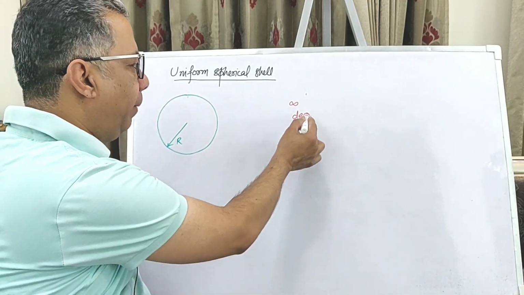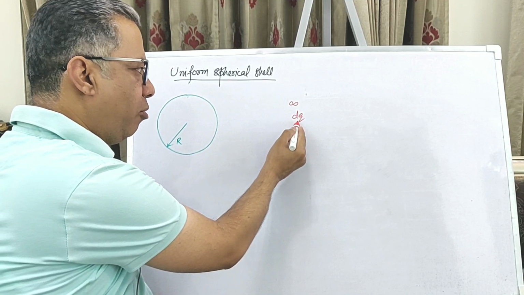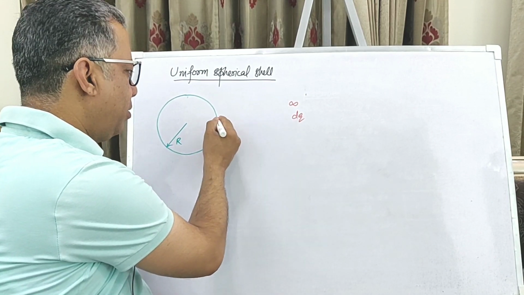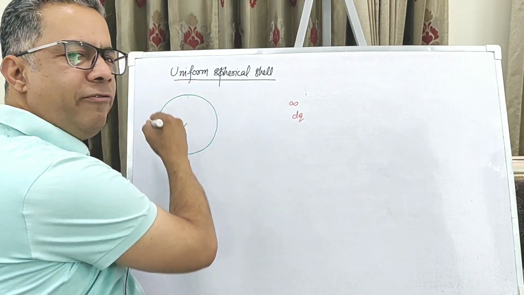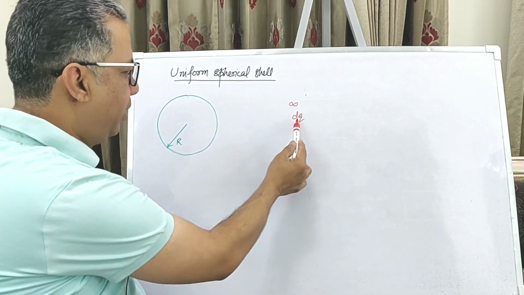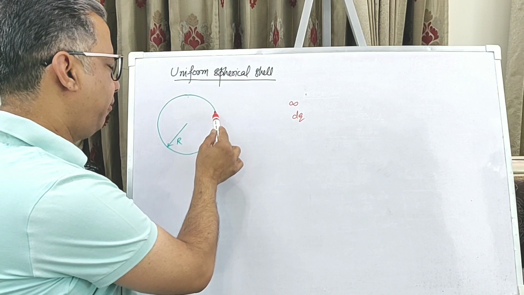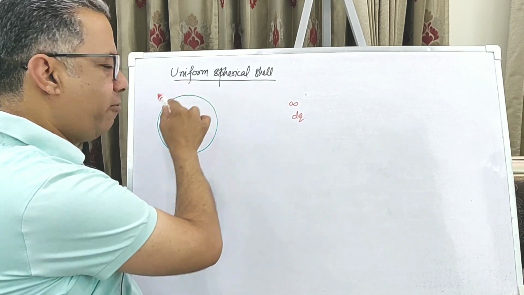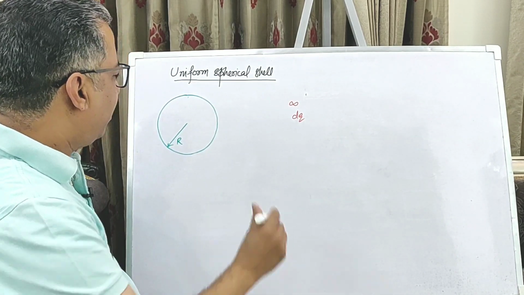We go to infinity, pick up charge dq from there and bring it to the surface and spread it uniformly on the surface. So we've gone to infinity, we've picked up charge dq, brought it to this sphere, and we've spread it uniformly on the surface.